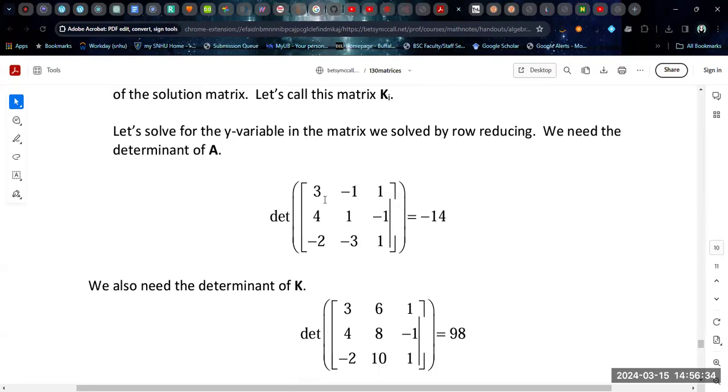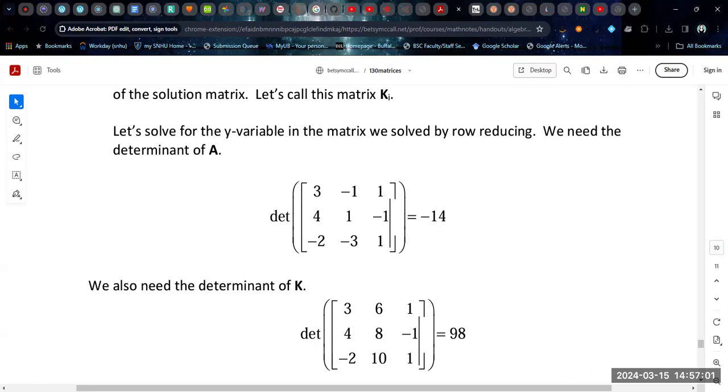And when we go through that process, either by using the calculator or by doing the computation by hand, we end up with this determinant is -14. And then because we're solving for y, that's represented by the second column, we're going to take our constants from our augmented matrix and we're going to stick them inside this coefficient matrix in place of column 2.